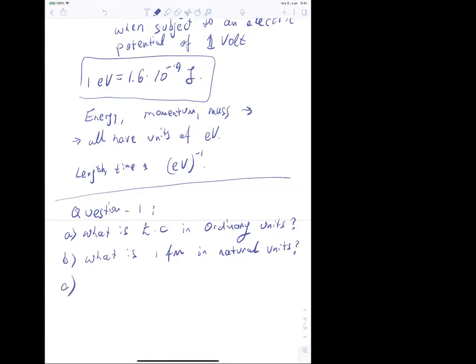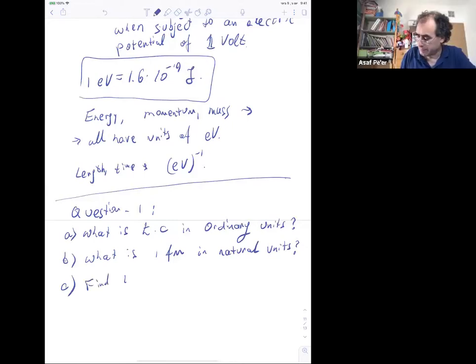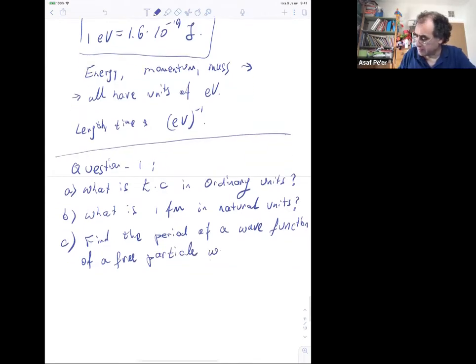C. Find the period of a wave function of a free particle with a mass of 1 GeV in natural units, in the particle's rest frame.